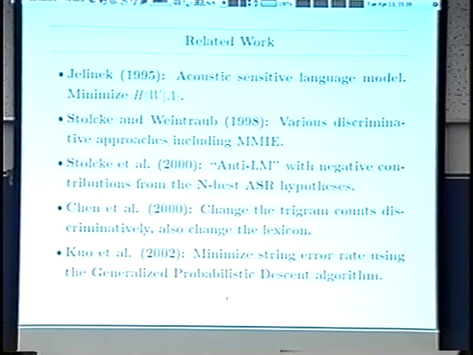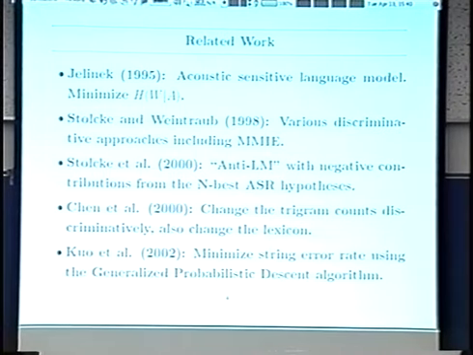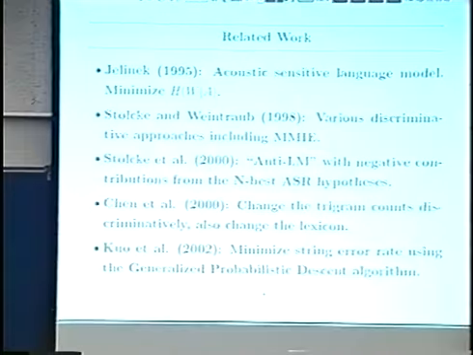Some people from Microsoft Research China had this idea of changing the trigram counts as well as the lexicon discriminatively. Basically, as they make mistakes, they discount the counts, and as you get more evidence, you increase the counts. That has some similarities, but it's actually very different because the lexicon keeps changing as well.